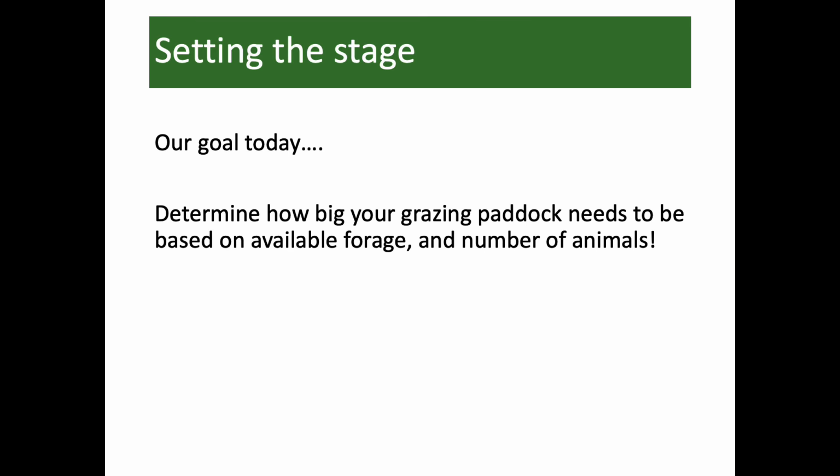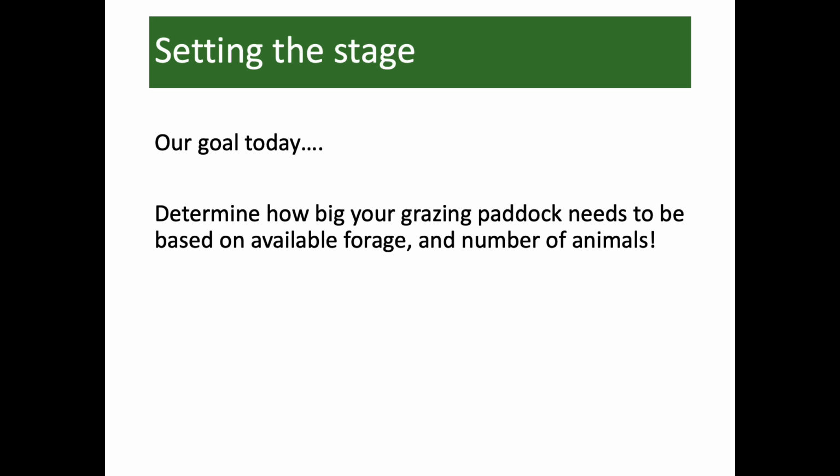All right, so I want to start with the end in mind, just so you get an appreciation of what we're actually trying to do. Your groups will all be assigned a certain number of animals that weigh a certain weight. There's a certain amount of forage available, and there's only so much forage in the field, right?